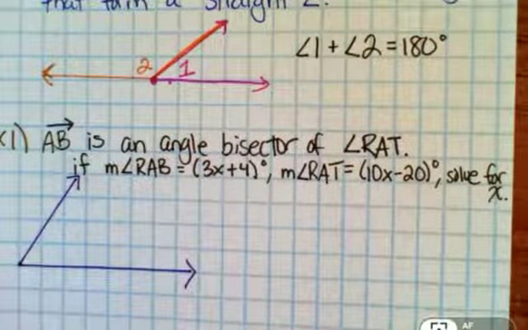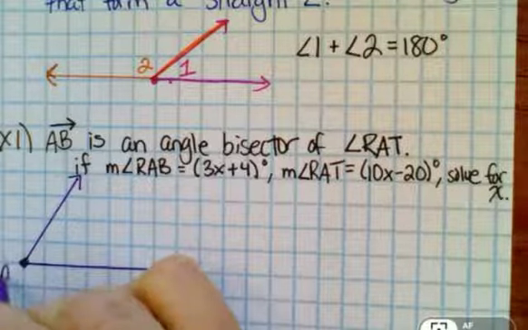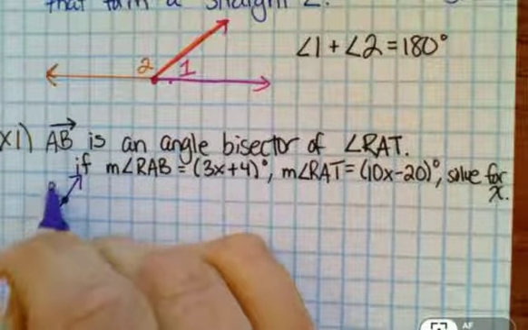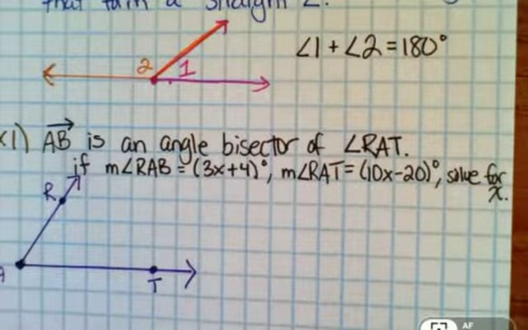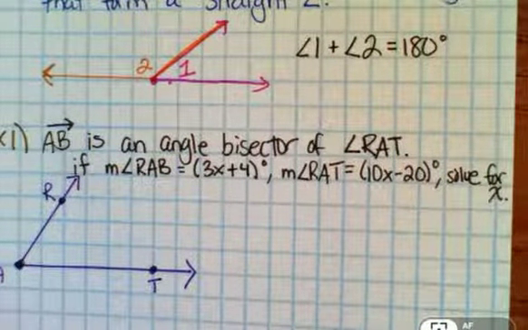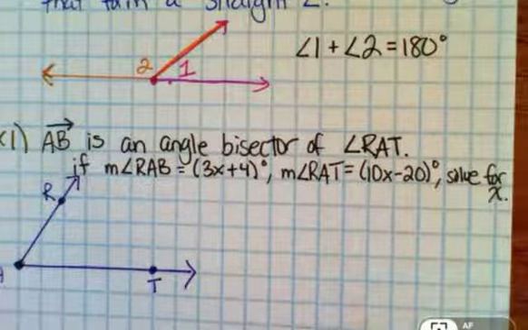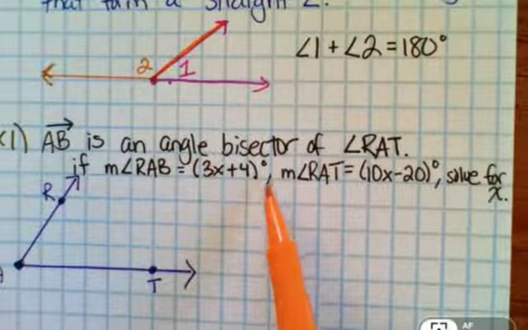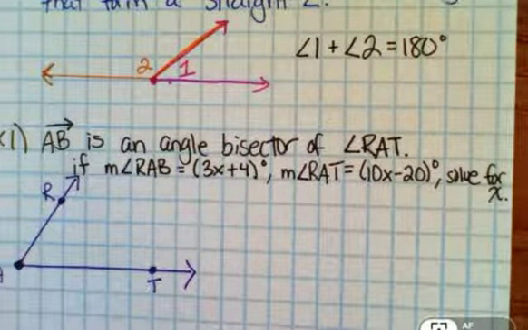Okay, so there's an angle. I'm going to make sure that I put the middle letter at the vertex, and then this is RAT. So we'll start there. And then I have to draw this angle bisector AB. And remember that an angle bisector, if you go back up and look at your vocabulary, is going to cut this angle into two equal pieces.